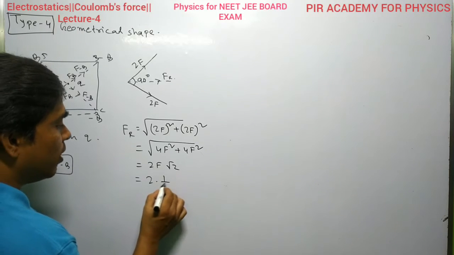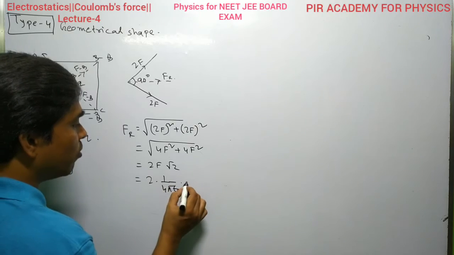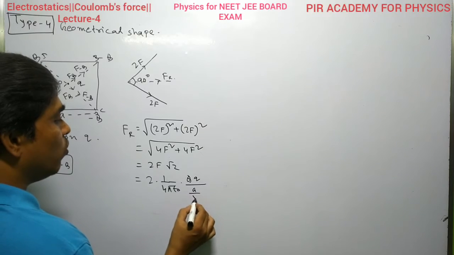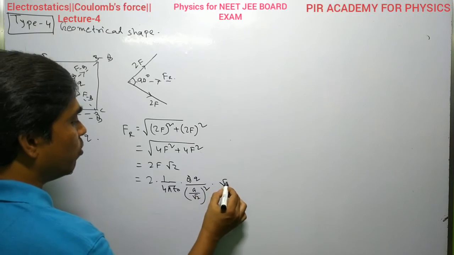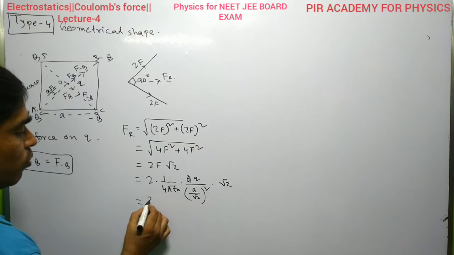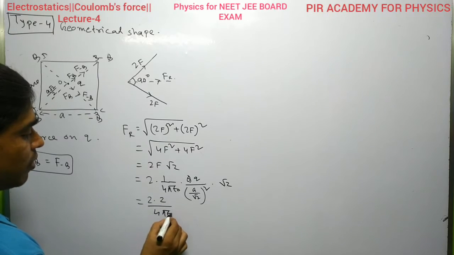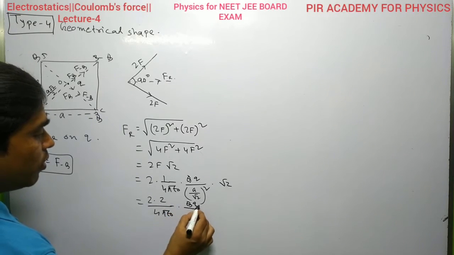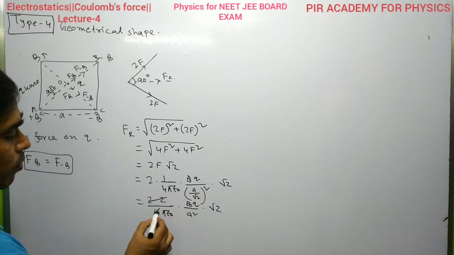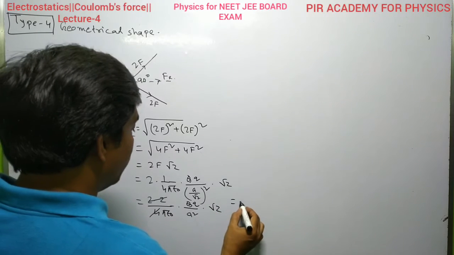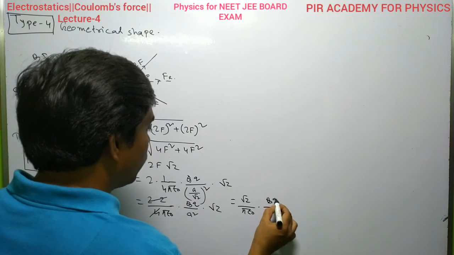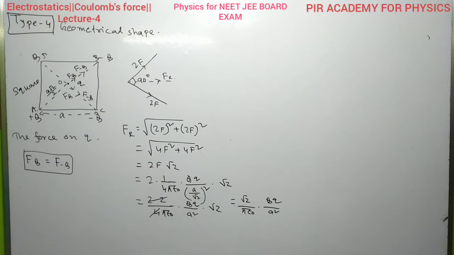So 2 into 1 by 4 pi epsilon naught into q into q by a by root 2 whole square into root 2. So this 2 will be upper, so 2 into 2 by 4 pi epsilon naught into q square, here will be a square and here will be root 2. This 4 cancels out, so it will be root 2 by pi epsilon naught into q square by a square. This is the force on q.